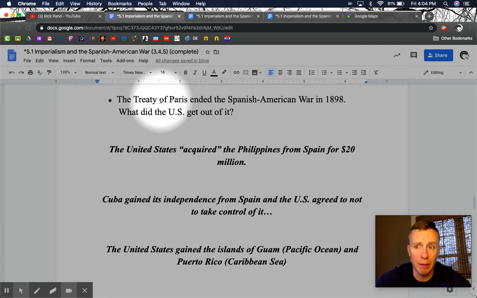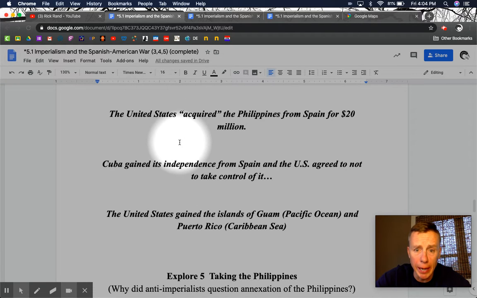So you may have heard the phrase, to the winner go the spoils. Which means if you win, you get stuff. And the United States won, so we got stuff. All right. What do we get? It says the United States acquired the Philippines from Spain for $20 million. I have acquired here in quotes because, check this out.